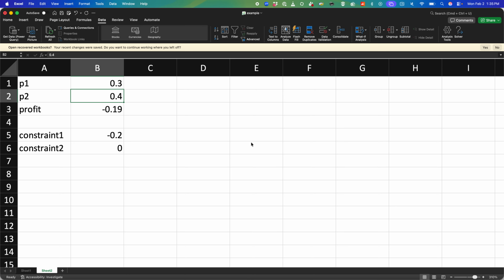In this case, the profits become 0.19, which is smaller, or the negative is larger, I guess, but you know what I mean, right? You get less profit than with the optimal solution, which gets you 0.0028 more in profit.